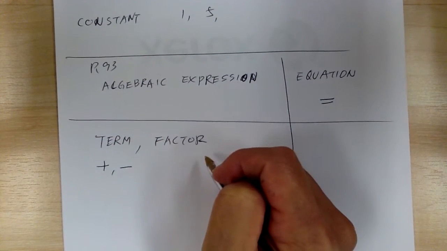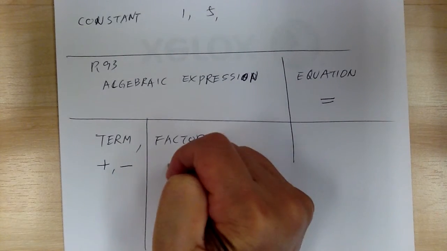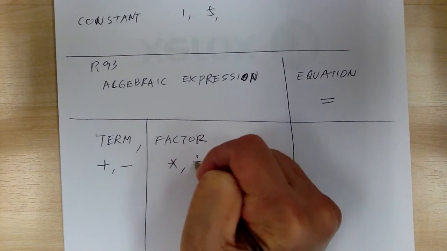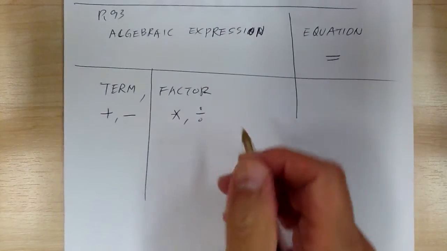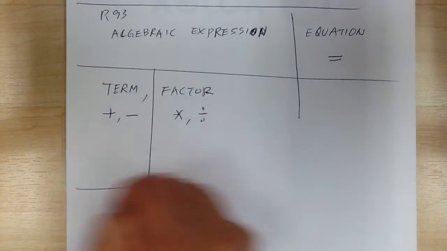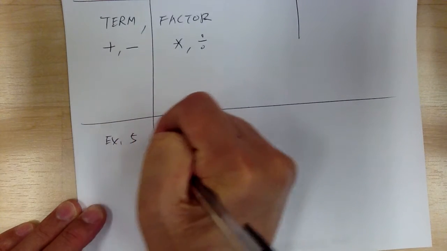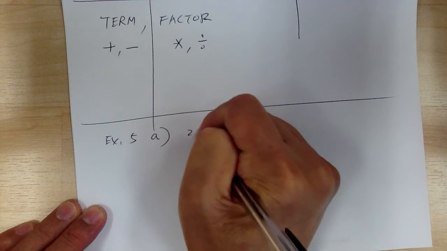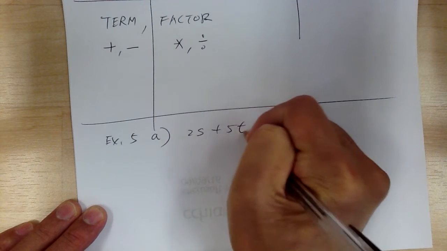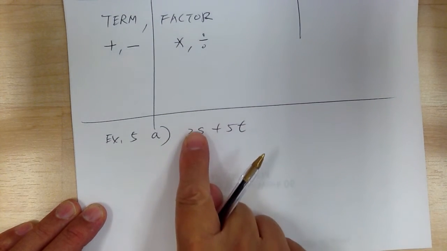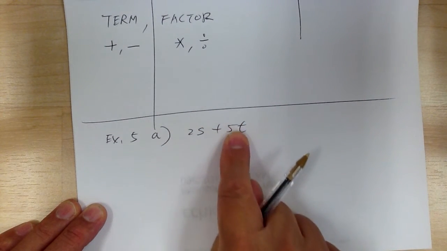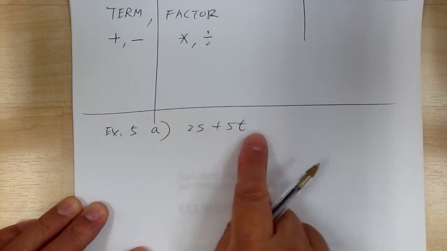A factor is when you have multiplication or division. So for example, if you look at example 5a, you have 2s plus 5t. So this one has two terms. This is one term, and this is another term.